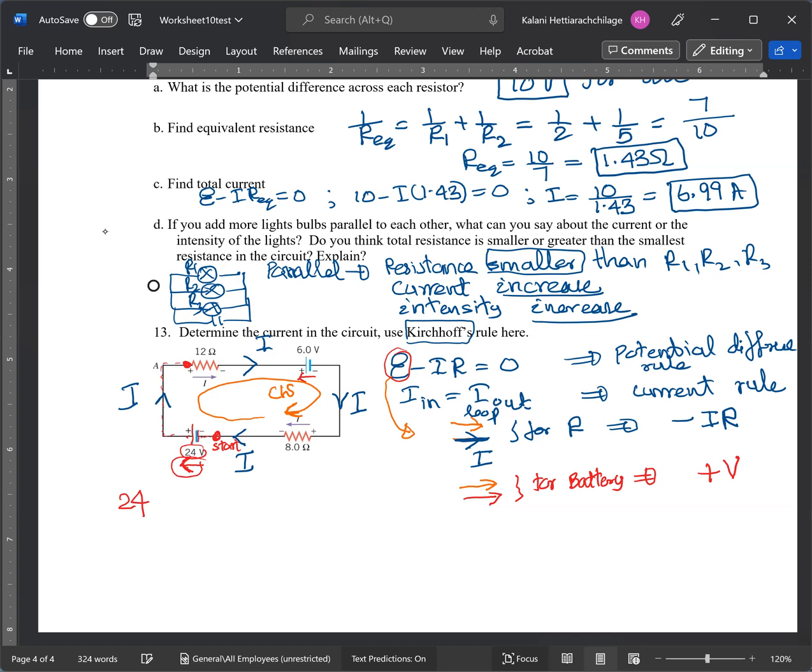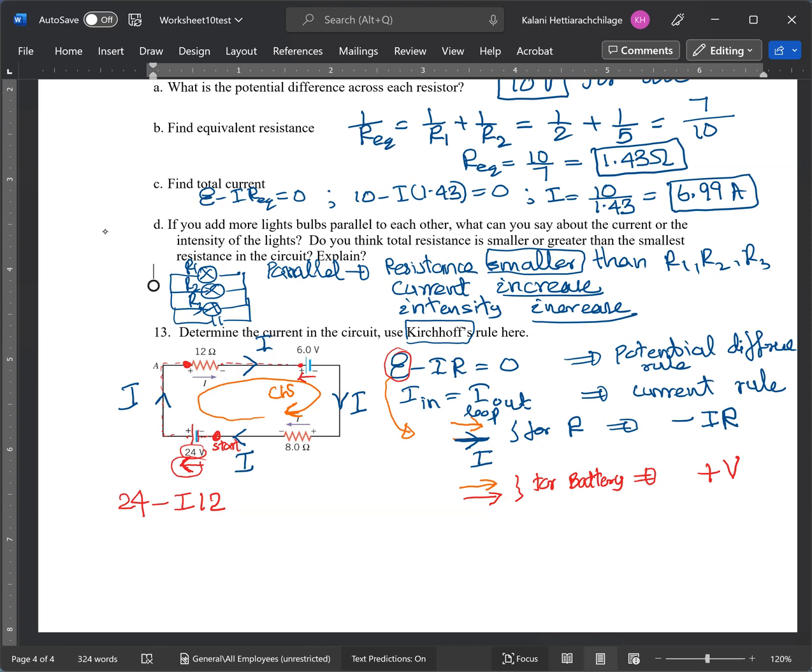Now I come here, and I see the resistor, and the current direction and loop direction are the same. I need to subtract I times the resistance of that resistor. Then I walk through, and the next device I will see is the battery.